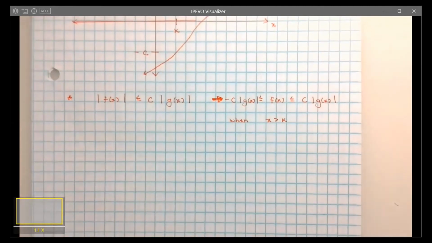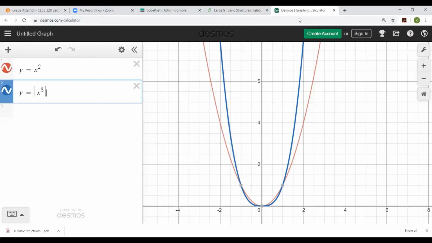So I'm going to show you guys through Desmos an example of something that would satisfy this. Let's just consider, for instance, x squared in comparison to the absolute value of x cubed. The absolute value of x cubed is this blue graph that you guys are seeing here.